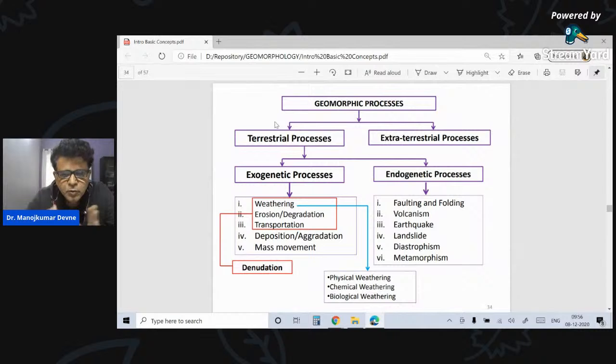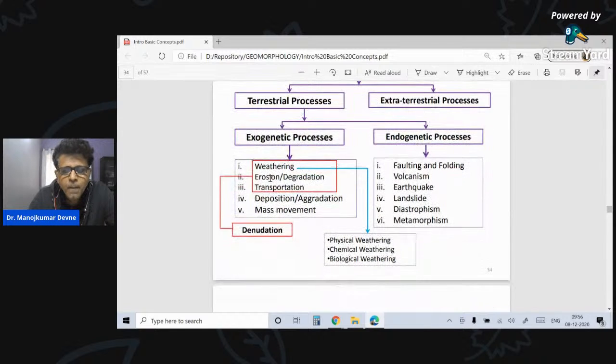Nothing beyond this is the scope of your first semester paper 1. Everything in first semester paper 1 is going to be limited to this particular slide. You show me a point outside this and we'll exclude it from your syllabus. Everything associated to your syllabus is involved in this particular slide that you can see in front of you.